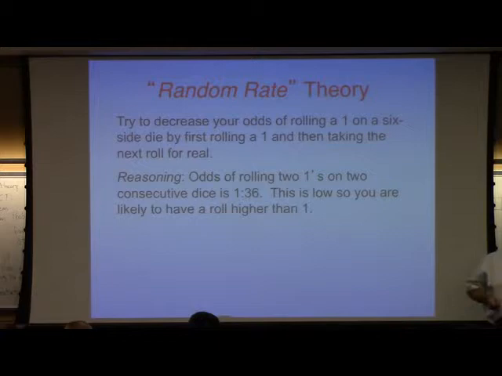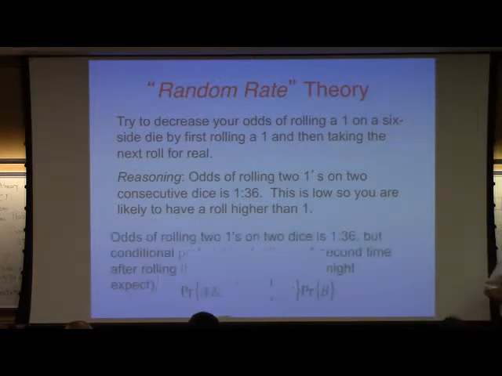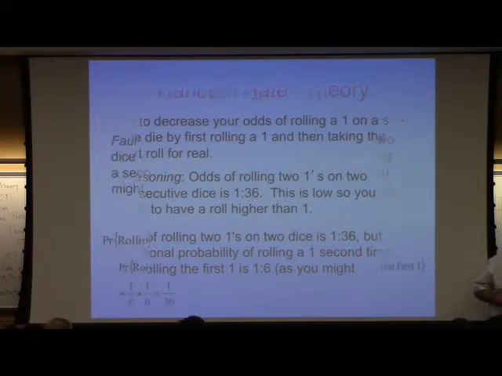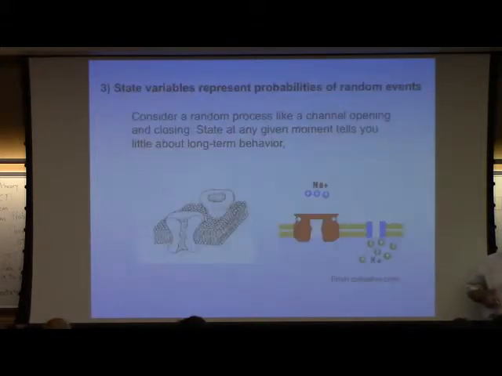If we think about conditional probability, it's very clear that the odds of rolling two 1s is 1 in 36, but once you roll the first one, the odds of rolling the second one is 1 in 6. So there's nothing gained here, but when you're in high school, you argue about a lot of things that you don't really understand. We spent hours arguing about whether random rate theory was true or not.